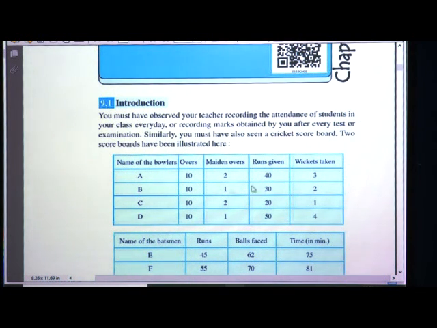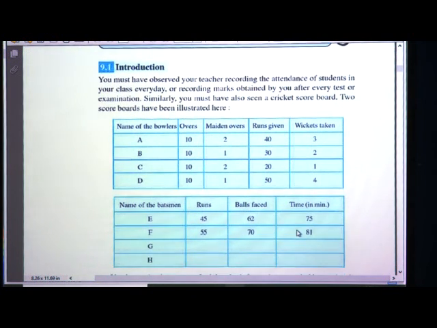So here we can observe in a table everything about the different bowlers, which tells everything about a particular bowler. So 10 overs, maiden overs, then runs, and how many wickets he has taken, we can know these things.